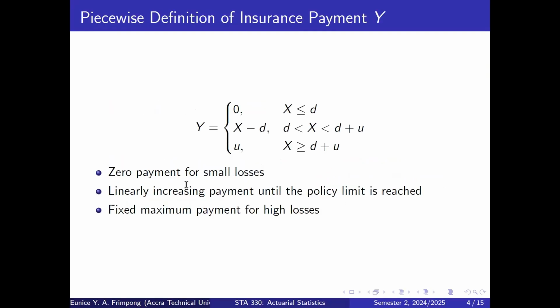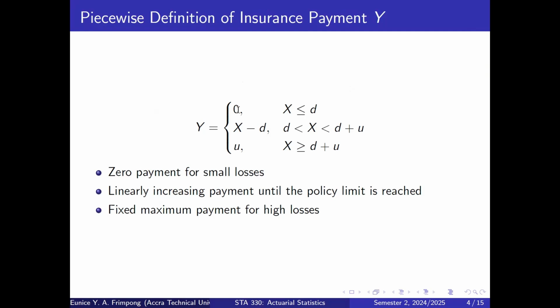Now, let's define the insurance payments. We denote insurance payments as Y from our previous lessons, and we are going to explain them in a piecewise way. So Y takes on three different values based on the amount of loss incurred.